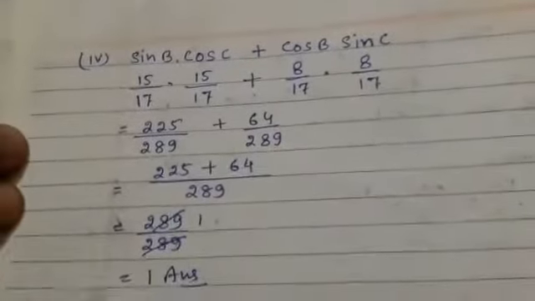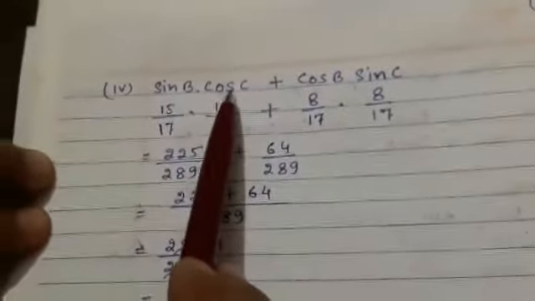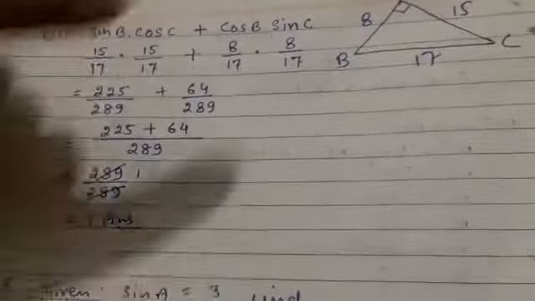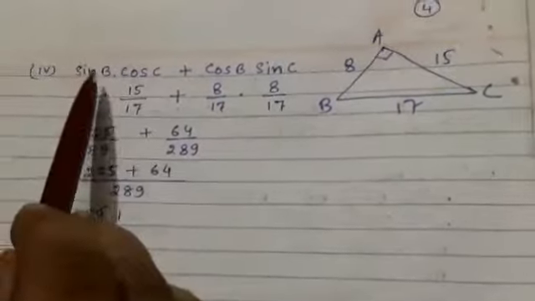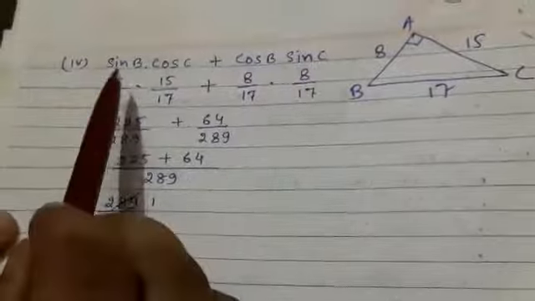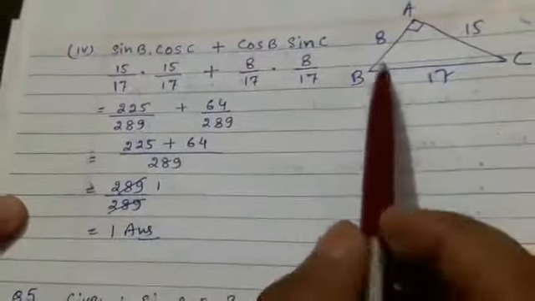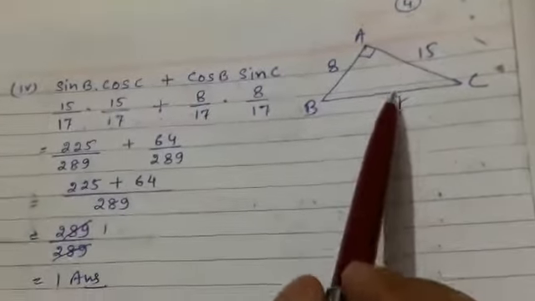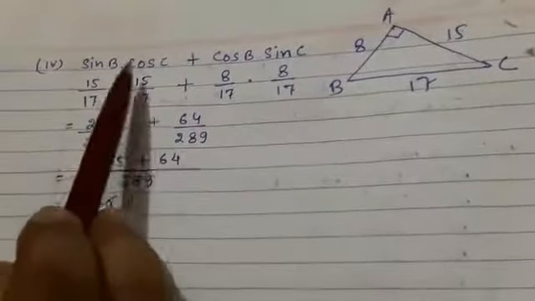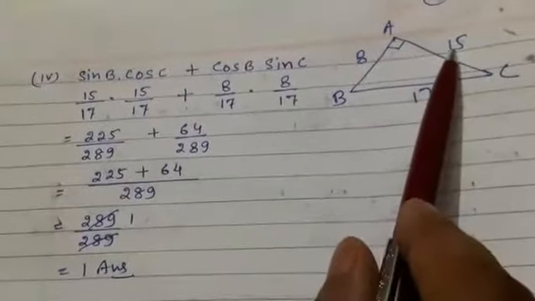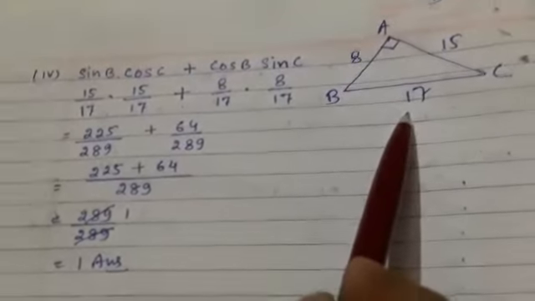Now let us see the fourth part, sin B into cos C plus cos B into sin C. So what is the value of sin B? Sin, according to this angle, will be P upon H, means 15 by 17, into cos C. Cos C means this will be base and this is our hypotenuse.